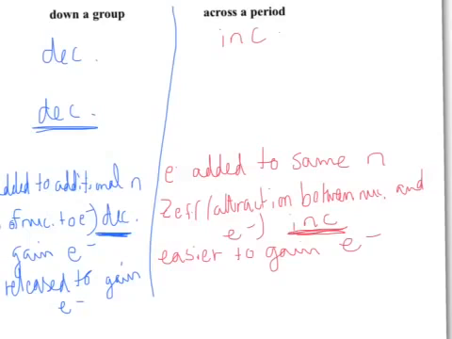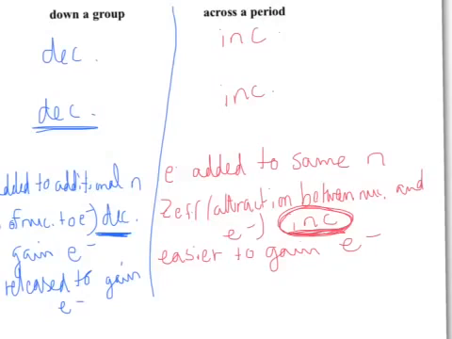Now let's think about electron affinity. Remember, electron affinity means electron liking. If there's a strong attraction between the nucleus and the electrons, that means the atom likes the electrons a lot, and so that increases. But let's think about it also in terms of energy. Electron affinity, again, is the energy released when you gain an electron. If there's a very strong attraction between the nucleus and the electrons, the atom is willing to give away lots of energy in order to gain the electron.